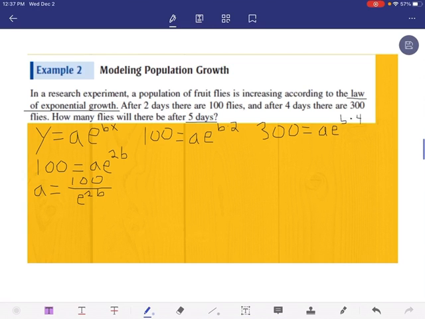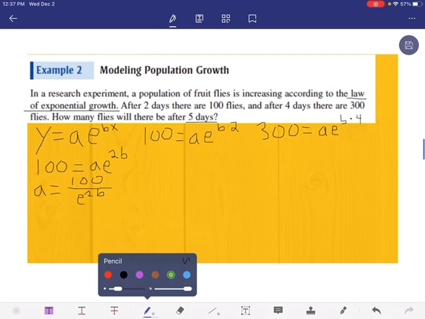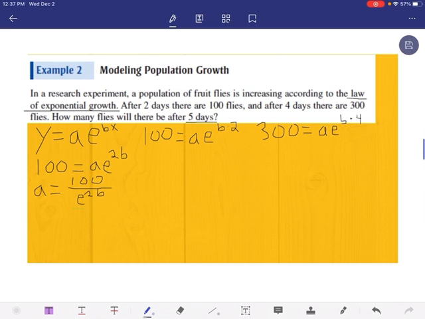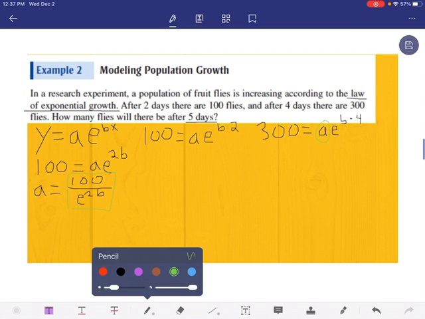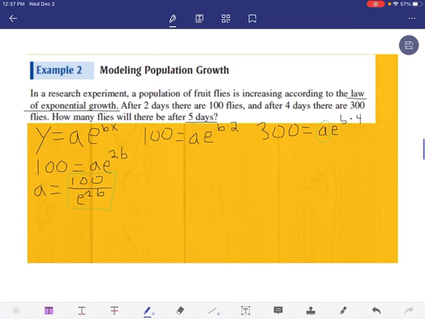So now notice, if I go ahead and plug into my second equation, now I know what a is. I can plug that in for my a that I have in my second equation.